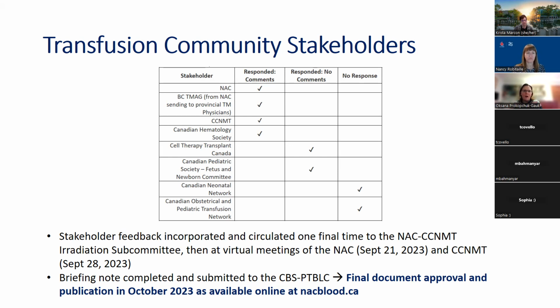So they are our overarching body. And they reviewed and ultimately approved the final document, which is published online as of October 2023 on the NAC website. And then CCNMT has a version in French as well that is available on their website.